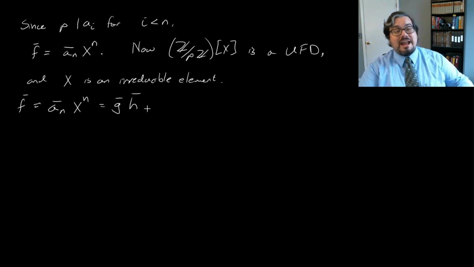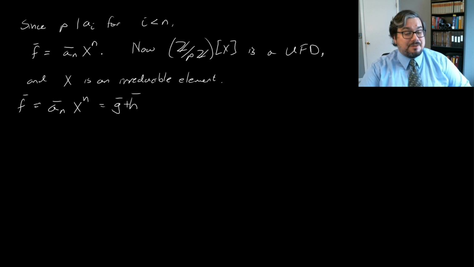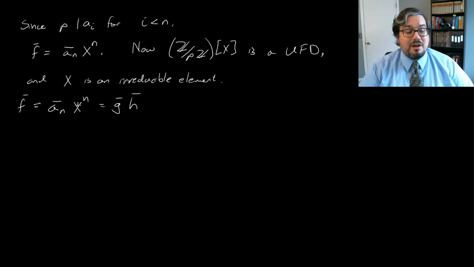If g bar and h bar rather had any other factors besides x, then those factors would show up in the factorization of f bar. But they don't. The only factors of f bar are x to the n and a unit, and so the only irreducible factors of g bar and h bar are x, repeated x.